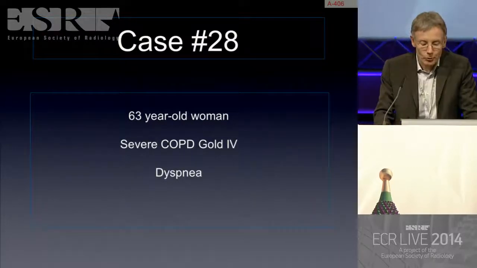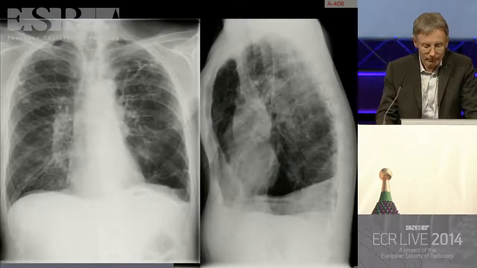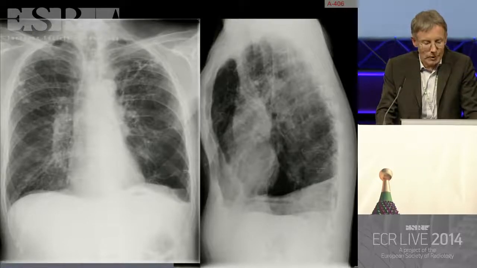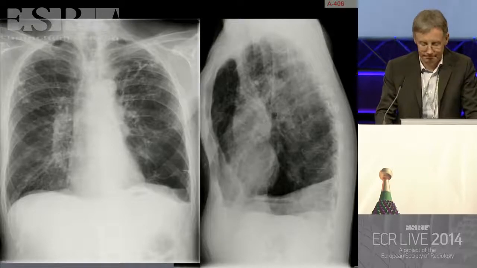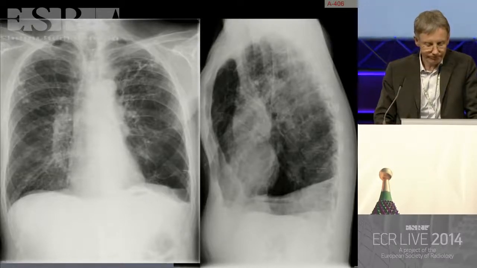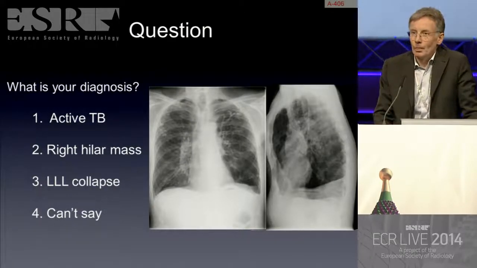Okay, 63-year-old woman now, severe COPD and shortness of breath. Don't worry too much about the calcified granuloma, and don't worry too much about all the signs of COPD. Look at these chest radiographs and answer the following question.